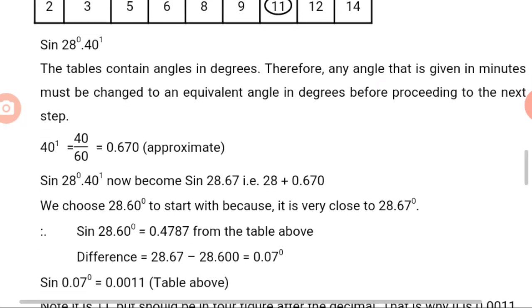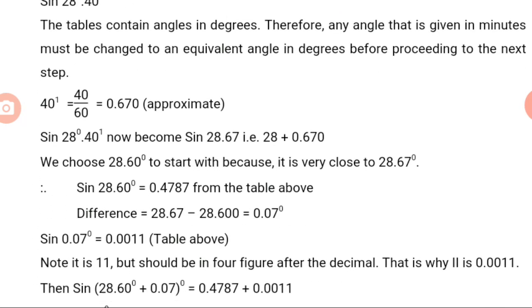Are we together? Therefore, the difference: we are now going to subtract 28.60 degrees from 28.67 degrees. Is that clear?